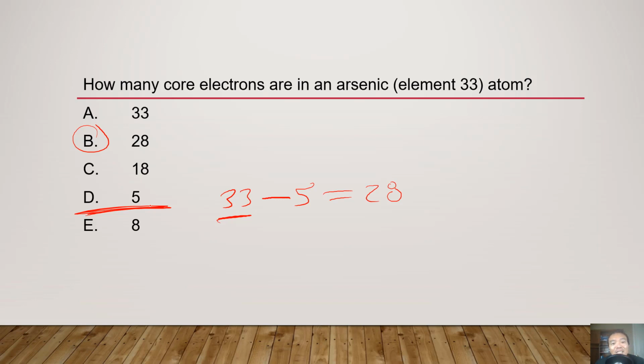S contains 1, P contains 3, D gives you 5 orbitals, and F is 7 orbitals. In each orbital you can only put 2 electrons max. So S can take 2 maximum, P can take 6, D 10, F 14.